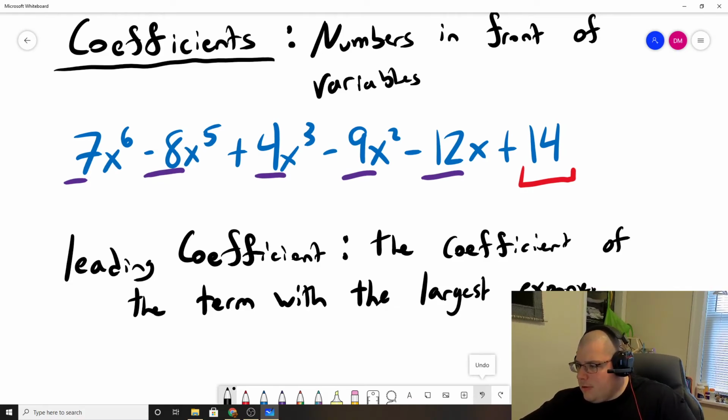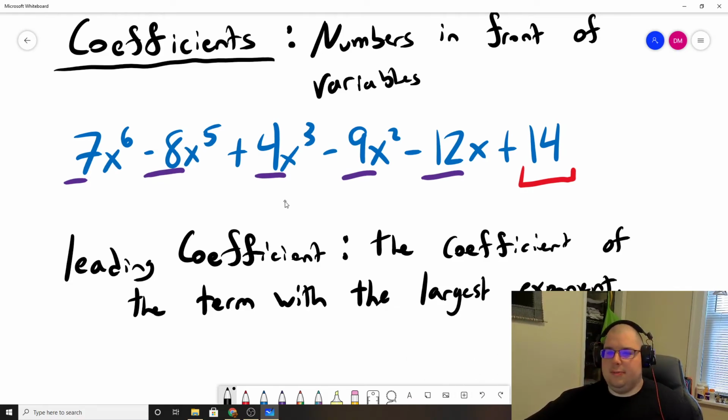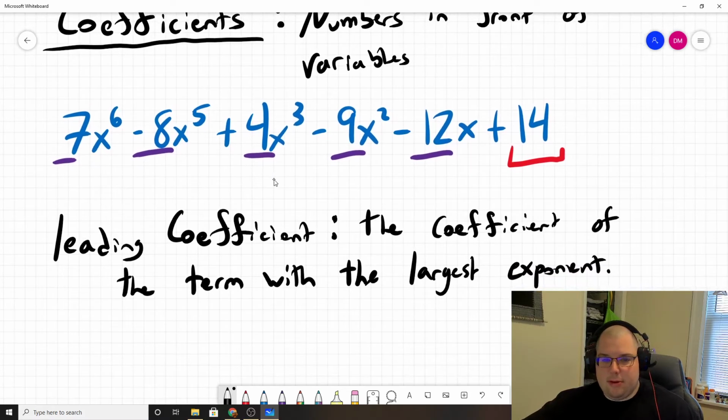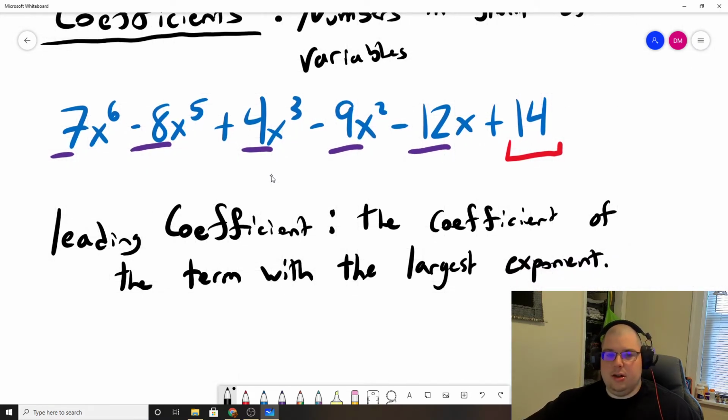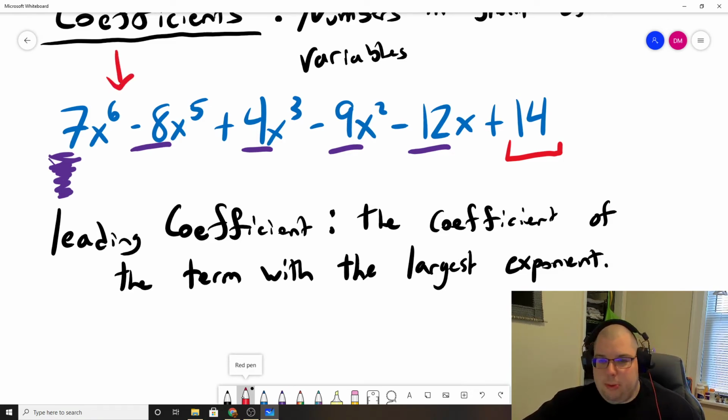Exponents is a better way to write it. So in the polynomial we just looked at, with all its coefficients, this 7 is going to be the leading coefficient. Our degree is 6, so that is the largest exponent, and the coefficient of that term is that 7. So 7 is the leading coefficient.